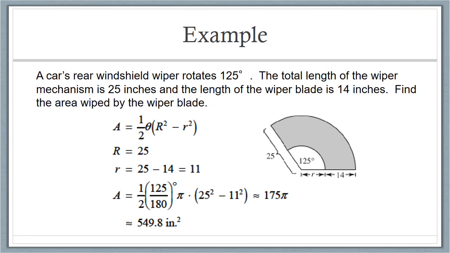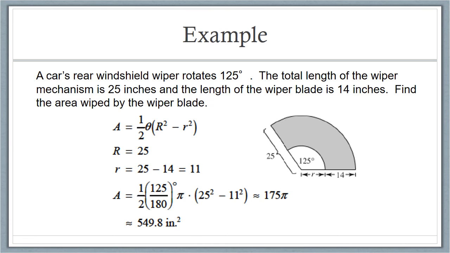Okay, so our area. Now, there's two ways you can do this. Remember, our area formula is 1/2 theta r squared, or 1/2 r squared theta. What you want to do is find the area for the outer circle, the whole thing, where your radius is 25 inches. You want to find the area for the inner one that's not getting any clearing at all, the one that's 11 inches.